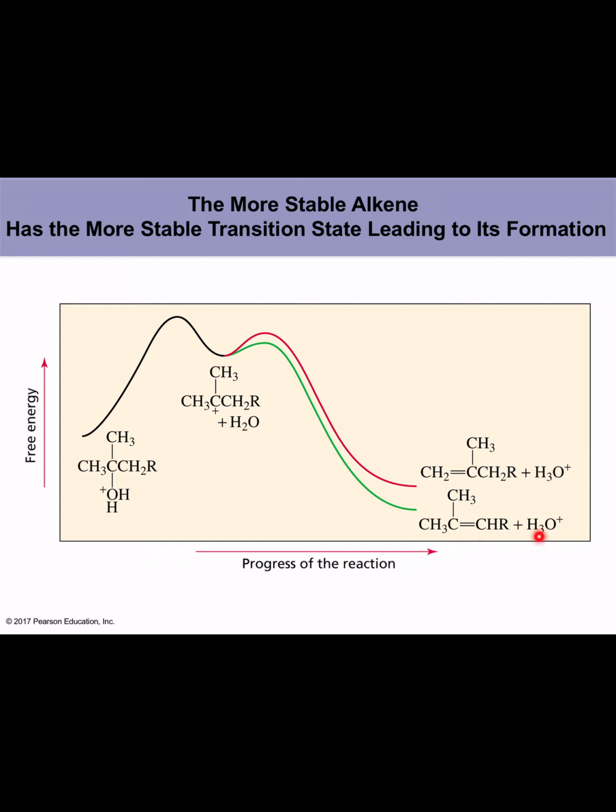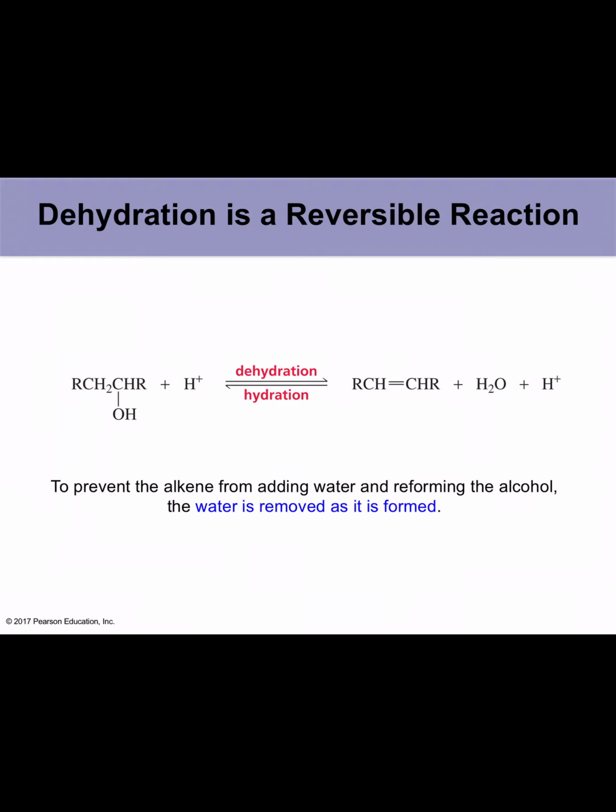Energetically, it's more favorable to form the more substituted alkene because it has less energy compared to the less substituted alkene. Okay. And this dehydration, meaning removal of a water molecule, is a reversible reaction.